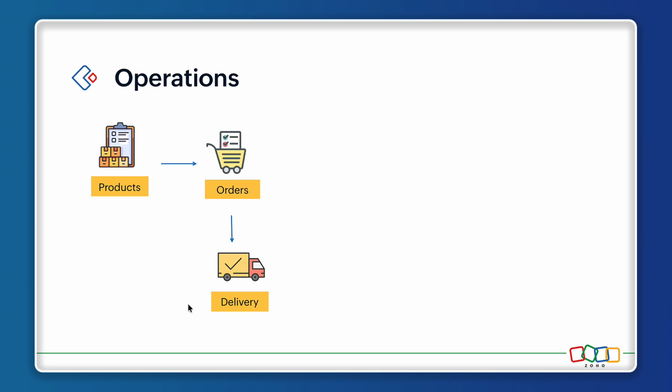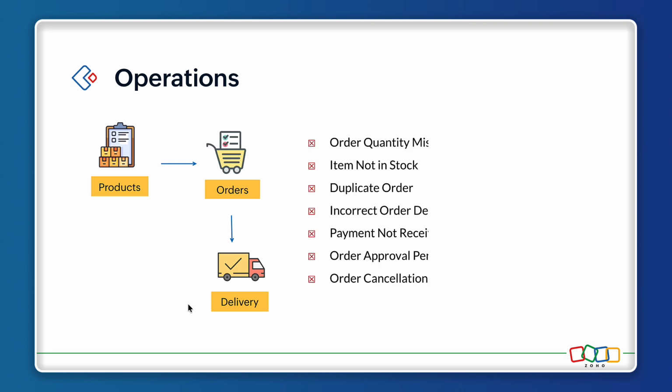In the order module, let's take a few examples of exceptions. There might be a quantity mismatch, where the customer has placed an order but the particular item is out of stock. There can be a duplicate order, or incorrect order details, like the shipping address of the person is wrong or the customer contact information is incorrect.